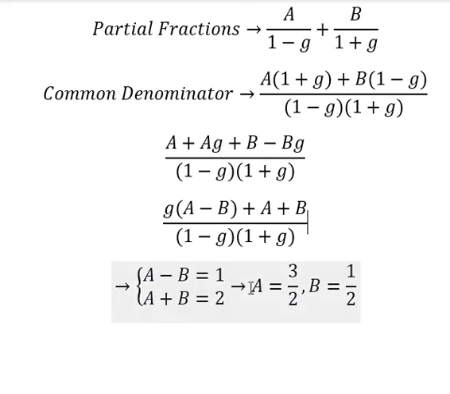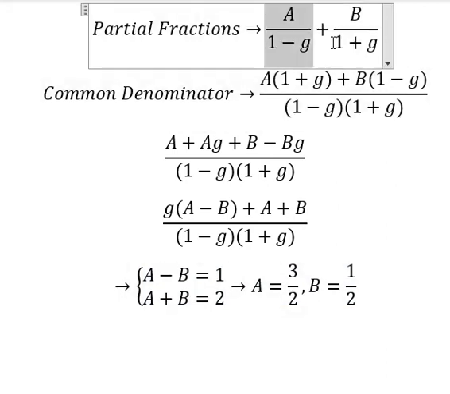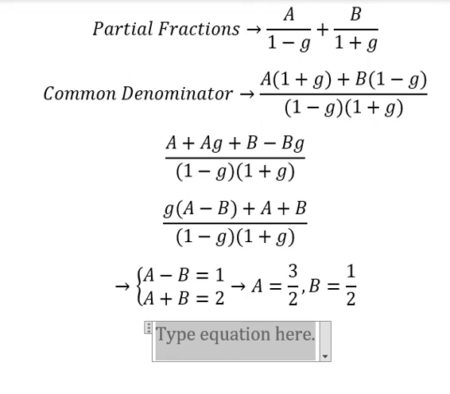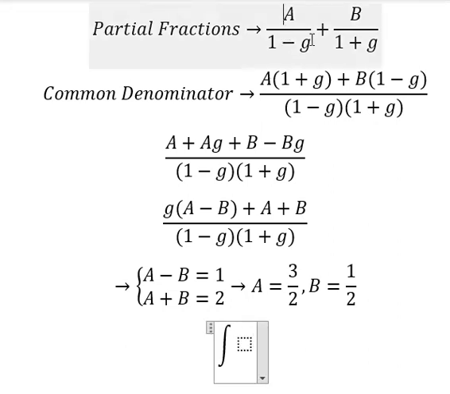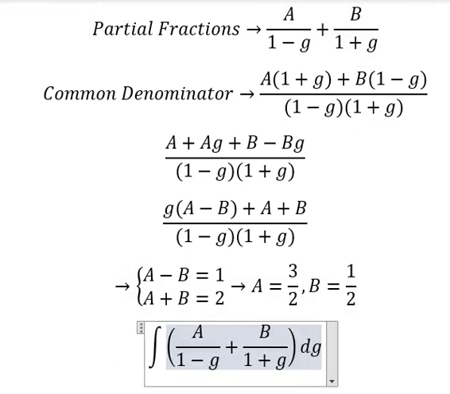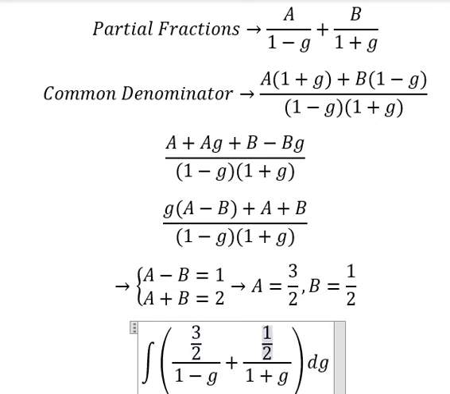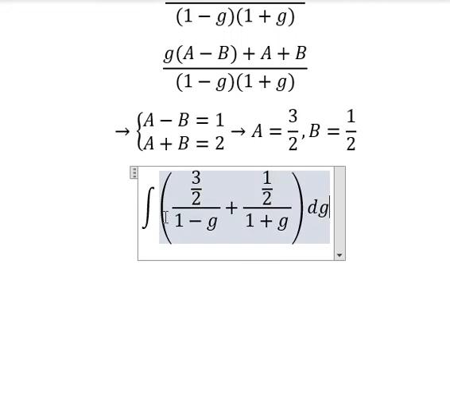And now we put a and b going here. So I will put a equals to 3 over 2, b equals to 1 over 2. And now we have the answer in here.